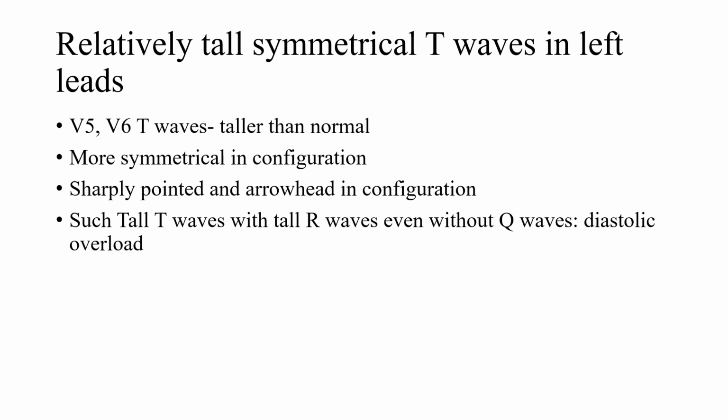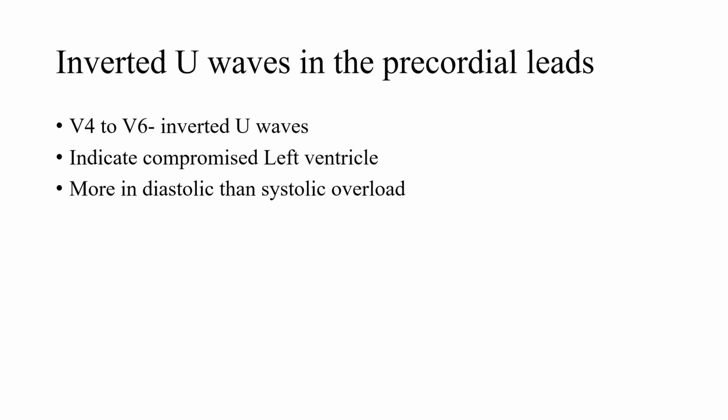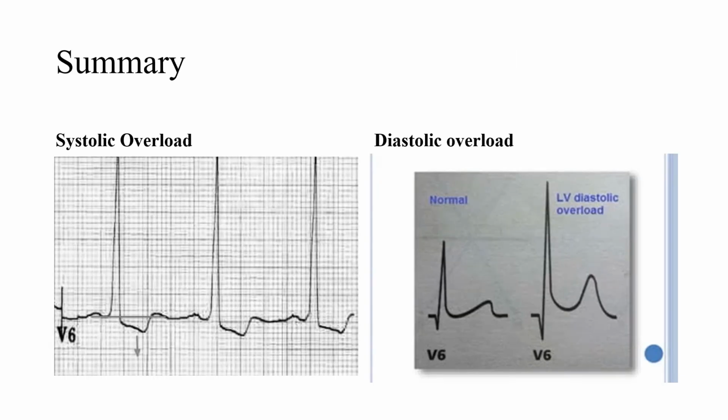Sometimes Q waves won't be seen, but we'll see very tall R waves and T waves. That indicates diastolic overload. Only minimal changes in the ST segment, about 1 mm, and slight elevation of the J point can be seen. And inverted U waves are seen here also. It is more in diastolic than systolic overload, and that indicates a compromised left ventricle, and this is more seen in V4 to V6.